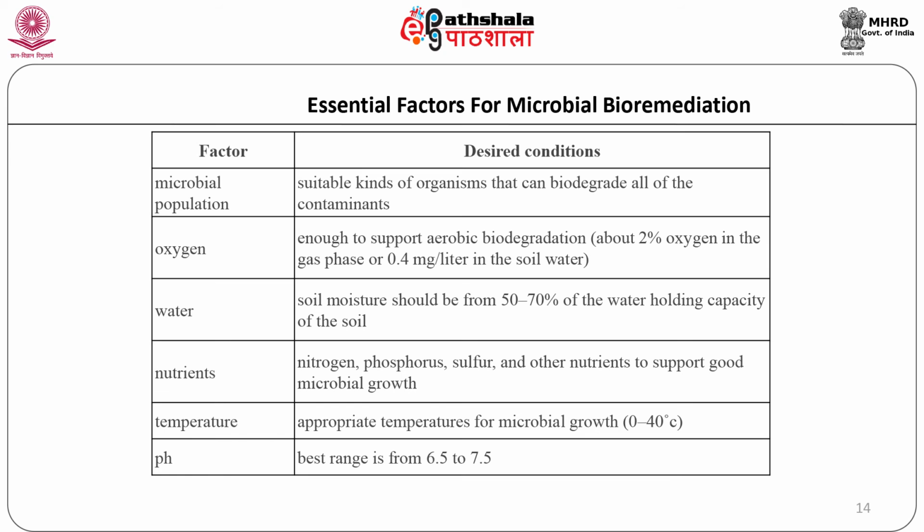Water, soil moisture should be from 50 to 70% of the water holding capacity of the soil. The nutrients like nitrogen, phosphorus, sulfur and other nutrients to support good microbial growth should be there. Optimum temperature, which is almost 0 to 40 degrees centigrade for the growth of microbes, and the pH, the best range is from 6.5 to 7.5.